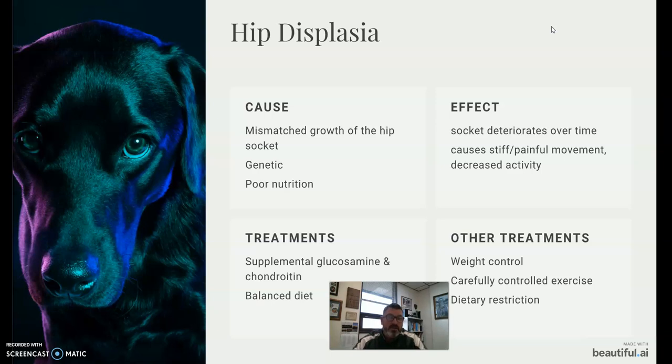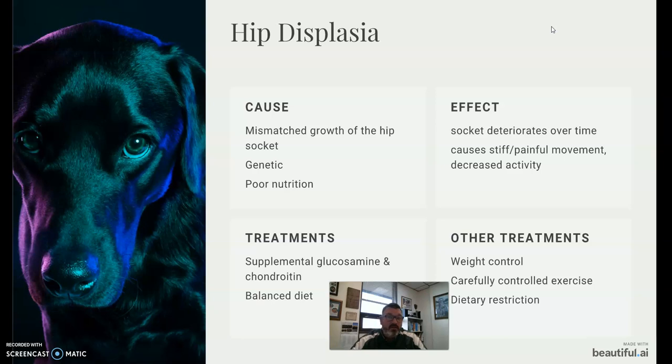And so as that socket relationship does not match appropriately, it deteriorates over time because it's not functioning. And so eventually you'll observe stiff and painful movement, typically decreased activity because they cannot move appropriately. They may not sit down like a dog is known to sit, with their body centered between the back legs.